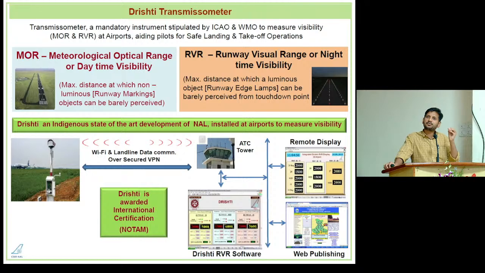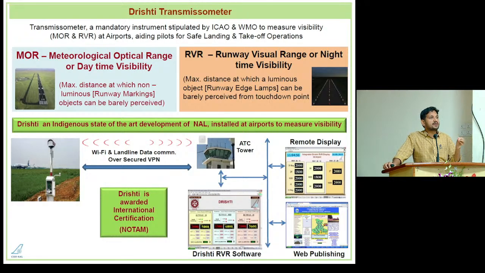Visibility will sometimes be zero. That is, next to a person, just 10 meters away, we can't see him. A pilot will be coming from a far away location. He may not know what is happening on the runway. So he needs visibility data, how he can see the runway. This information is required by pilots for safe landing and takeoff.